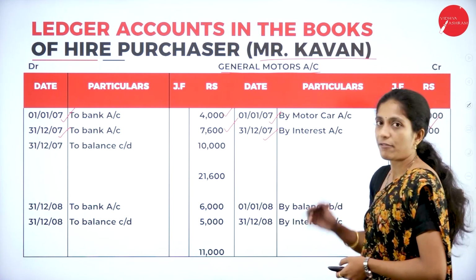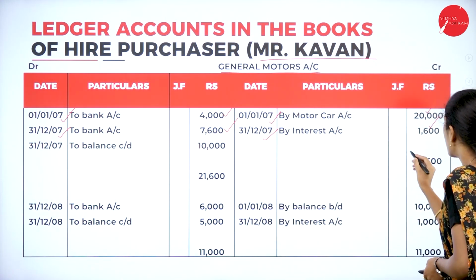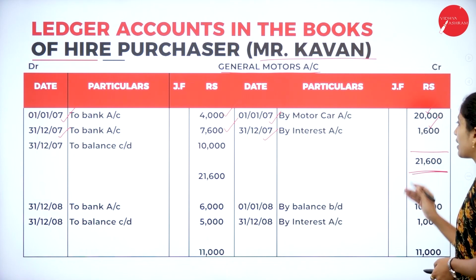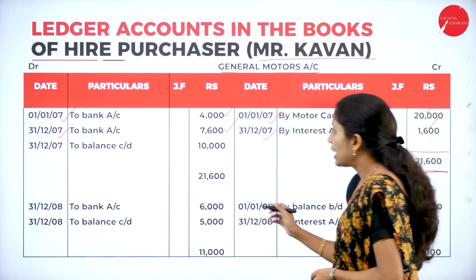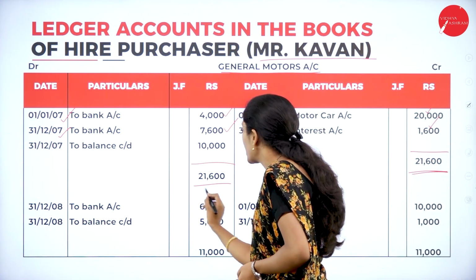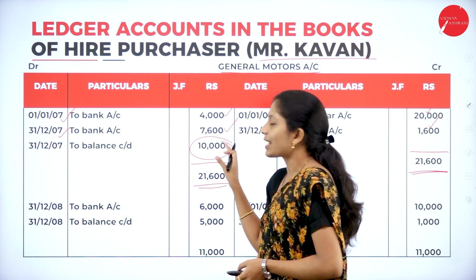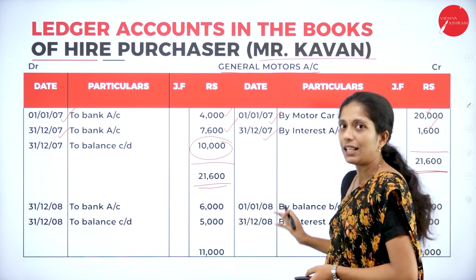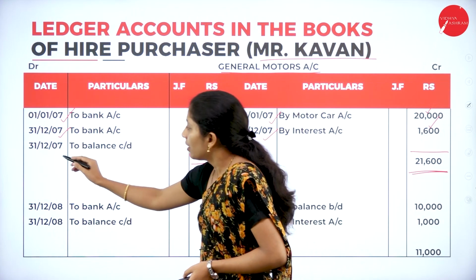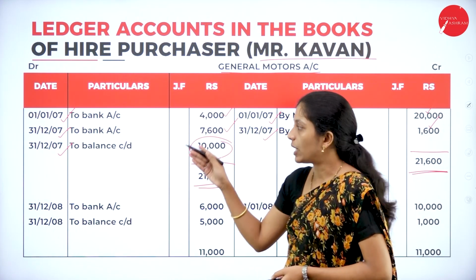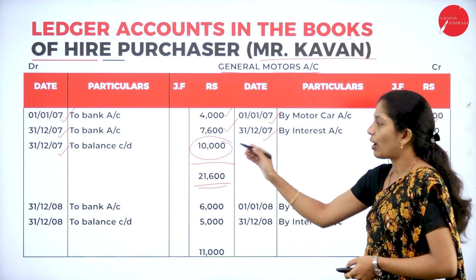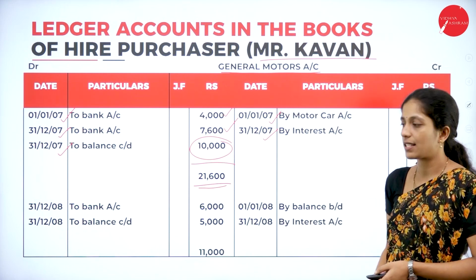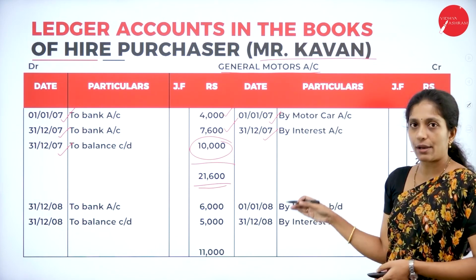Now as usual, you have to balance both sides. When you add the debit side, you get 21,600, whereas on the credit side you get a balancing figure of how much? 10,000. So this 10,000 has to be carried down for the next year. So write 31/12/07, by balance carried down, 10,000. That is the balancing figure. Next year is 2008.